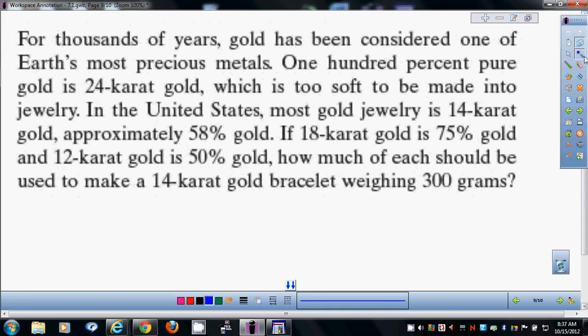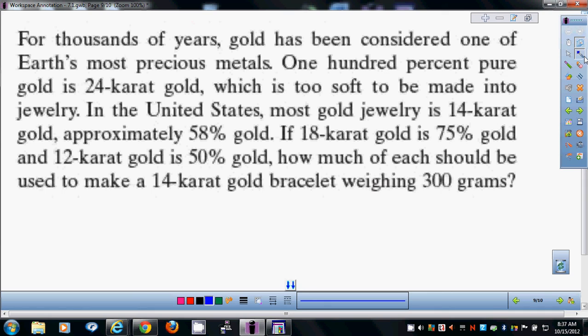Okay, here we go. We have to create our own problem. For thousands of years, gold has been considered one of Earth's most precious metals. 100% pure gold is 24 karat gold, which is too soft. Okay, so most gold jewelry is 14 karat and approximately 58% actual gold.